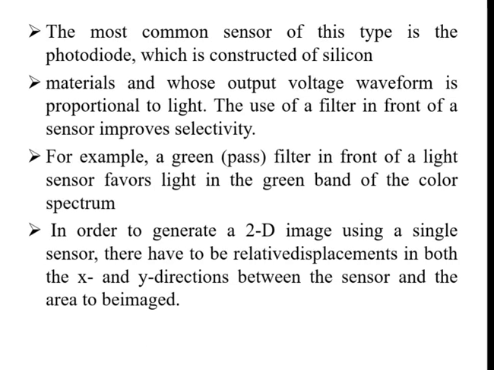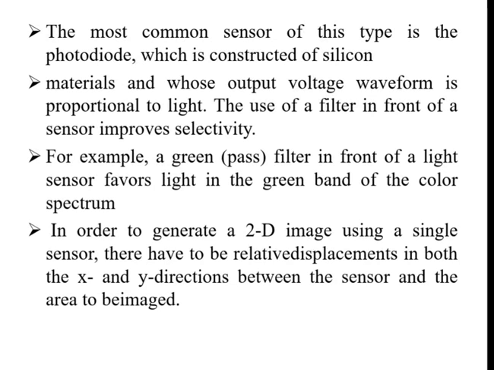The most common sensor of this type is the photodiode, which is constructed of silicon. We know what a diode is and what its characteristics are. A diode is made of silicon material, and its output voltage waveform is proportional to light. The use of a filter in front of the sensor improves selectivity.